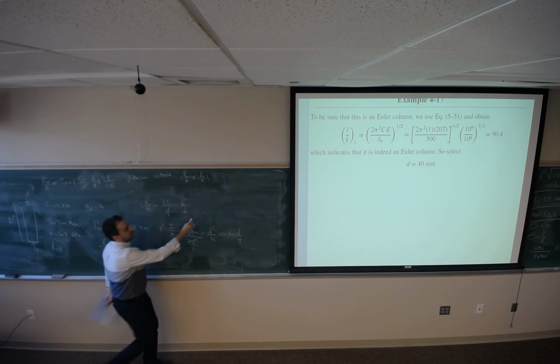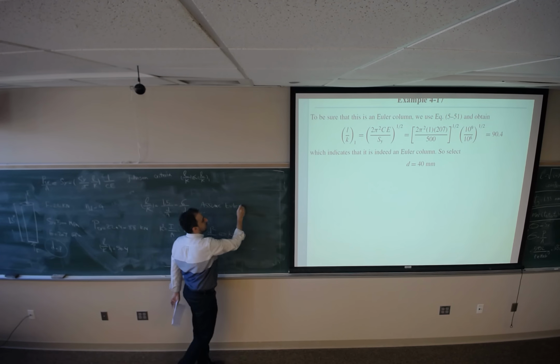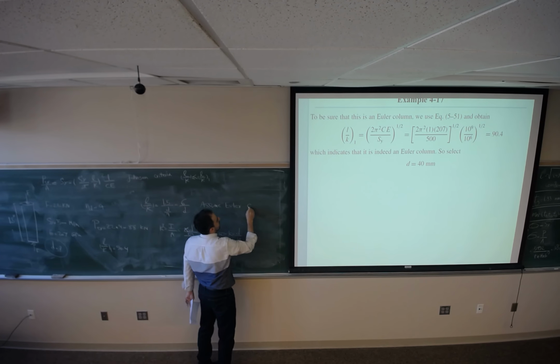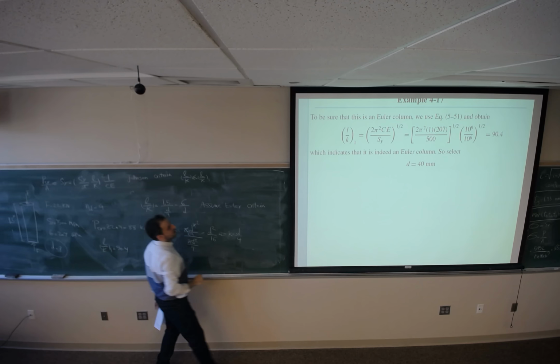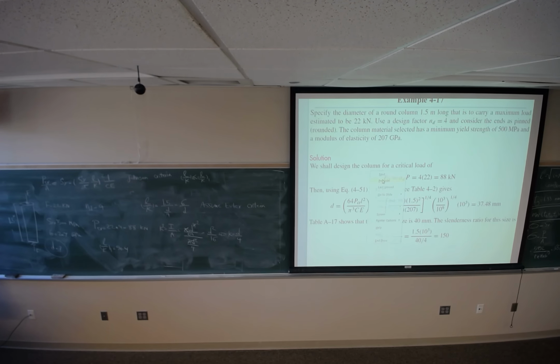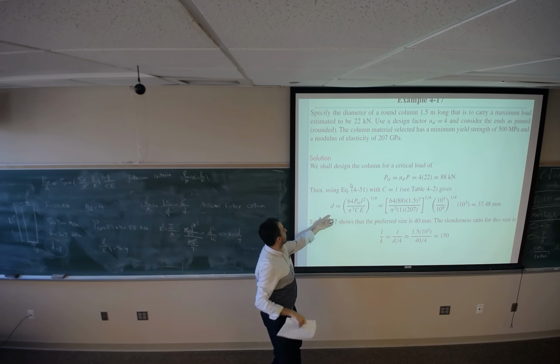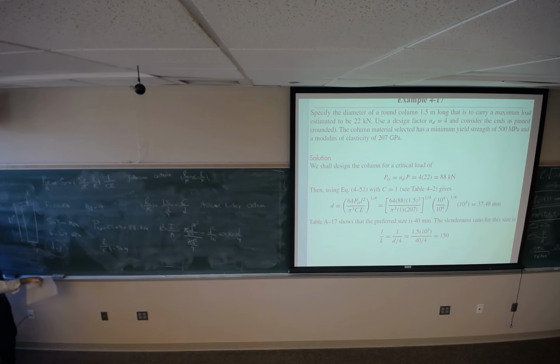Assume either Johnson or Euler. I assume Euler. I assume the Euler criterion, which is this one. P critical is 88 kilonewton.